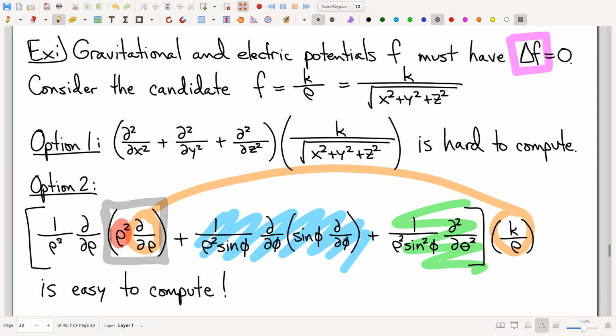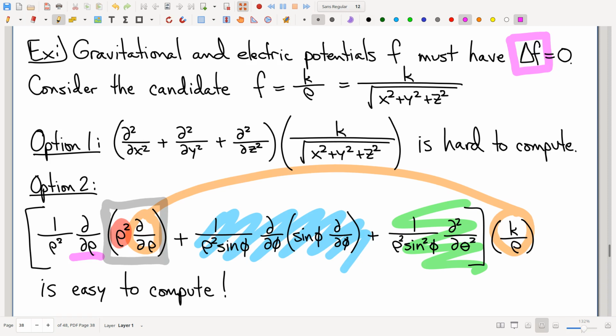What is it, like minus k or something? Okay, constant. And then I need to take a partial with respect to rho of a constant. 0, again, and we're done. Hardly any effort at all.